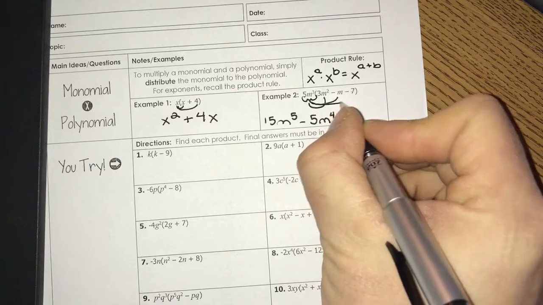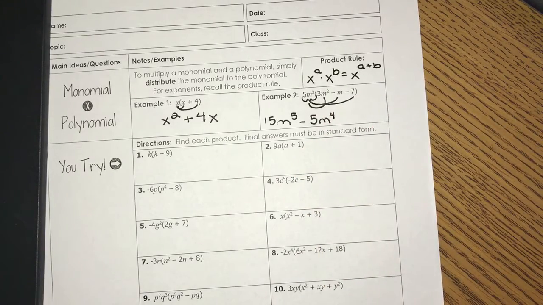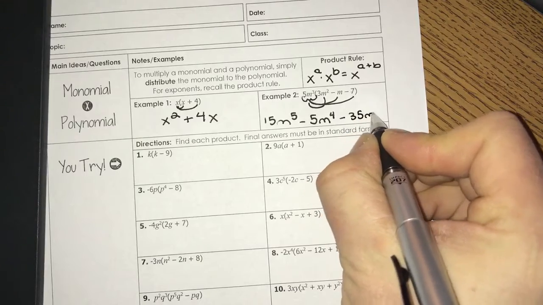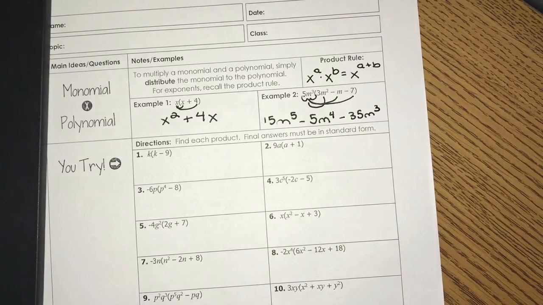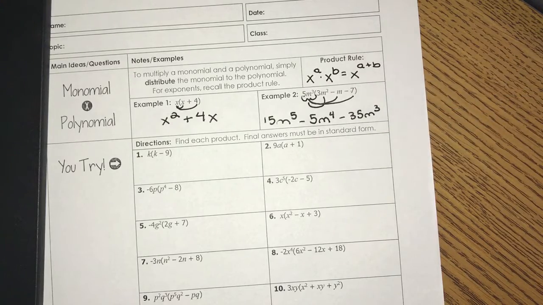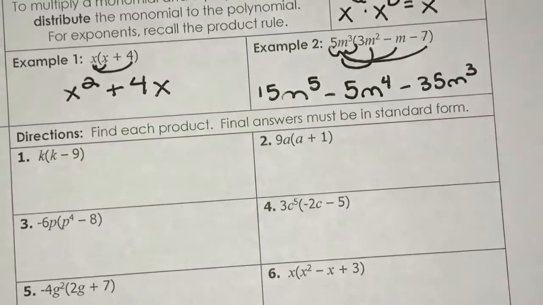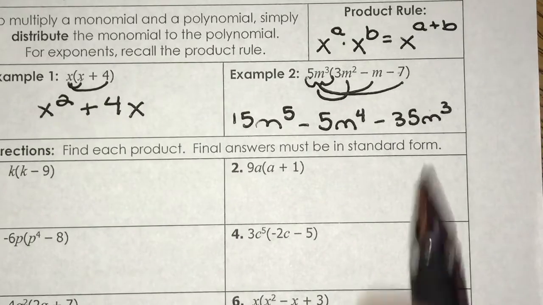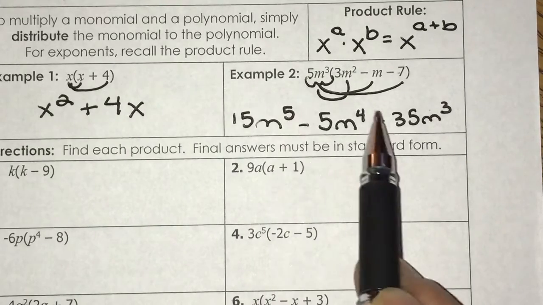And then 5m cubed times negative 7 is negative 35m cubed. Now, once you distribute, make sure there's no terms that you can combine. Okay? Make sure that it's in standard form, meaning it goes in alphabetical order from highest exponent on down.